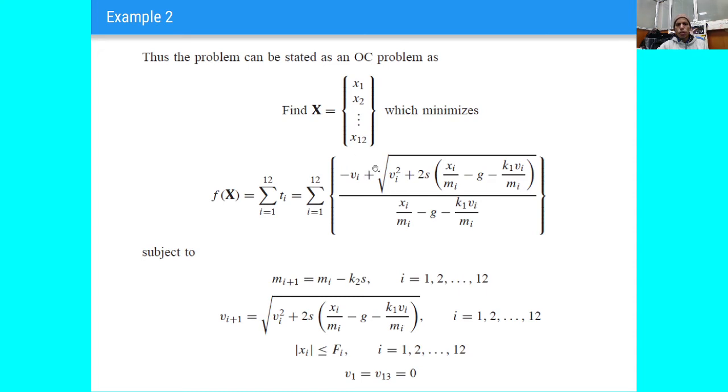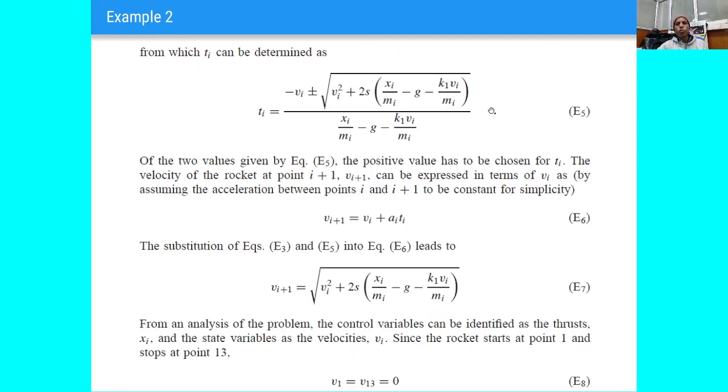Okay, so here also you can see one thing: why has only the positive sign been taken? I will tell you. Just see, this value of ti is minus vi plus the square root of v square plus 2s xi upon mi. This value has been substituted from equation number 5.